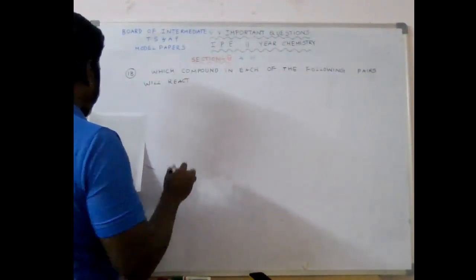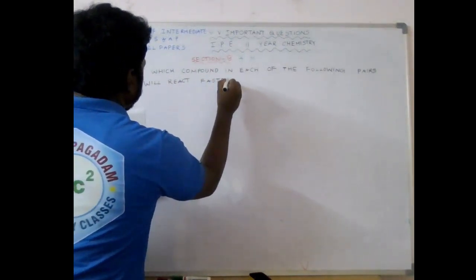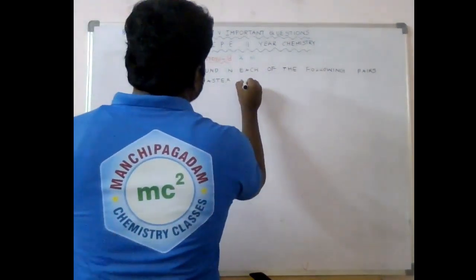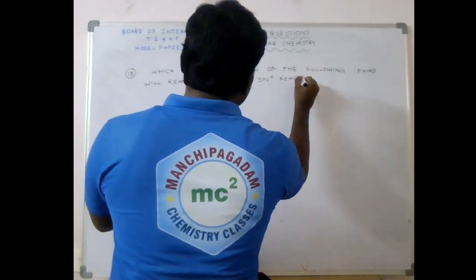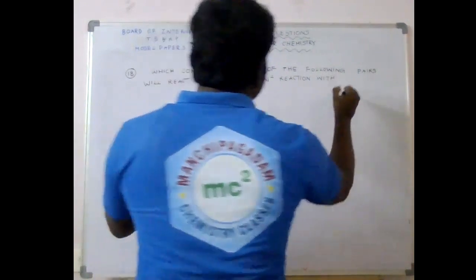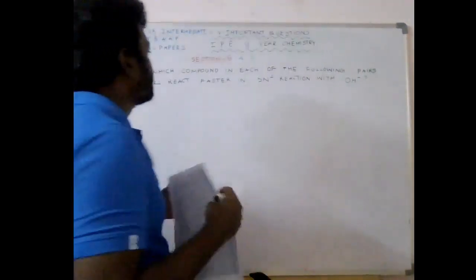So to answer this question, to react faster, you should know the properties of SN2 reaction. Faster in SN2 reaction with OH minus. OH minus is what? Nucleophile.